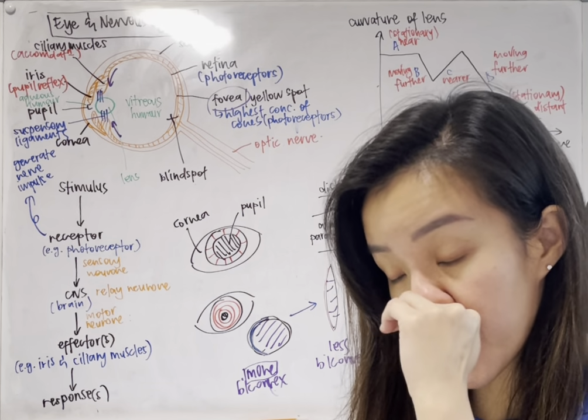For the suspensory ligaments to tighten, to cause the lens to become thinner in order to refract less light onto the fovea.